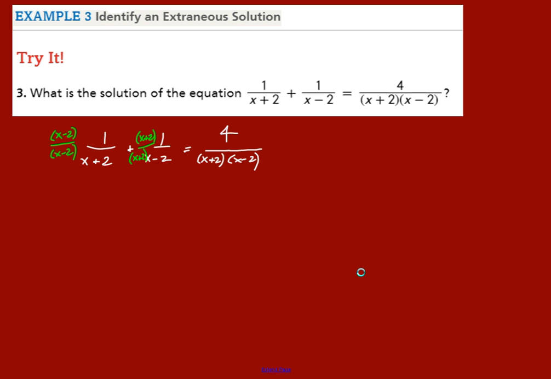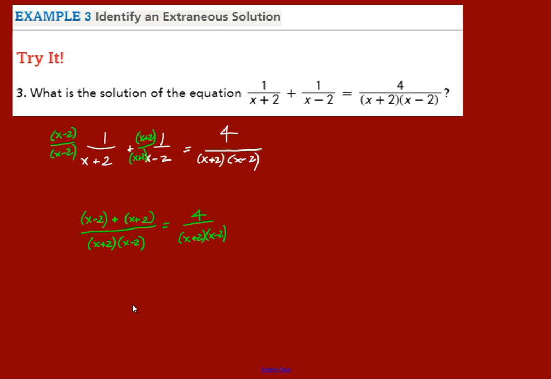All right, now when I do that, I'm going to get x minus 2, and there's the plus sign, x plus 2, all over x plus 2, x minus 2, there's my common denominator, equals 4 over x plus 2, x minus 2. Okay, so now, when I cross multiply here, it's going to get kind of messy.